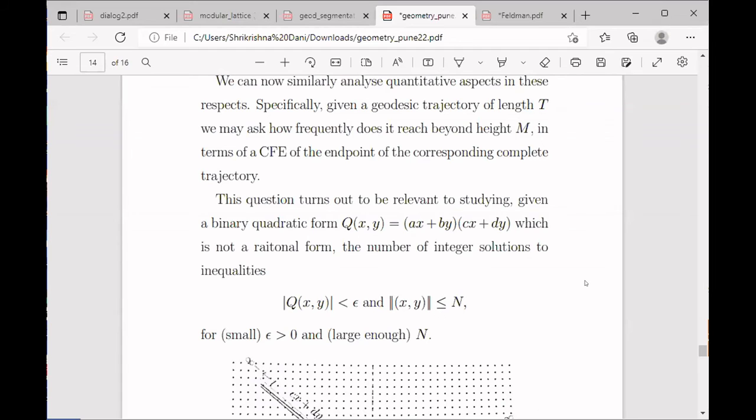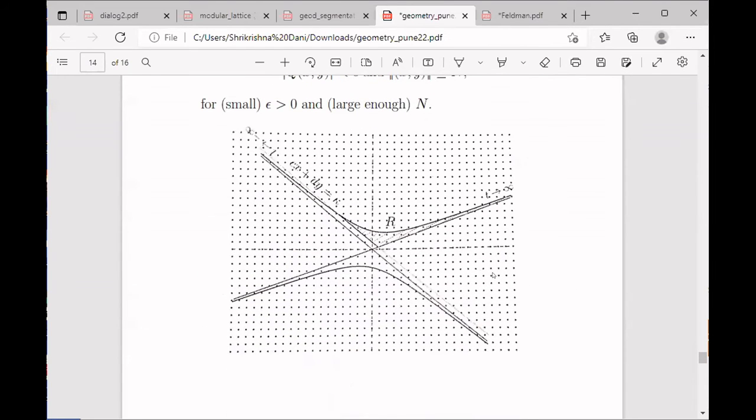the norm of (x, y) is less than n. So in other words, you want to take this kind of hyperbolic region and count the number of solutions within this. And it turns out that this is closely related to the trajectory going up.